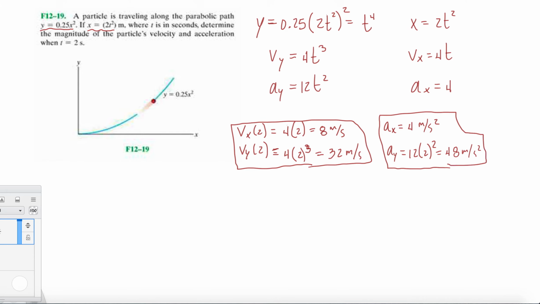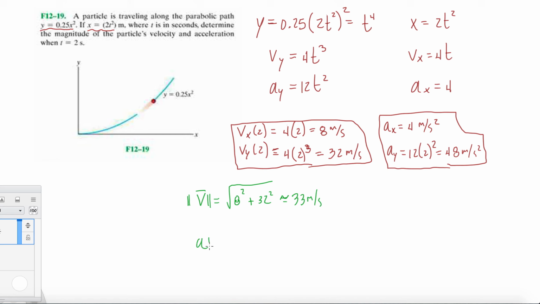All right, let's switch colors. So now we have velocity in the x and y direction, acceleration in the x and y direction. We get our components to our magnitude. We have 8 squared plus 32 squared. We get roughly 33 meters per second, right?